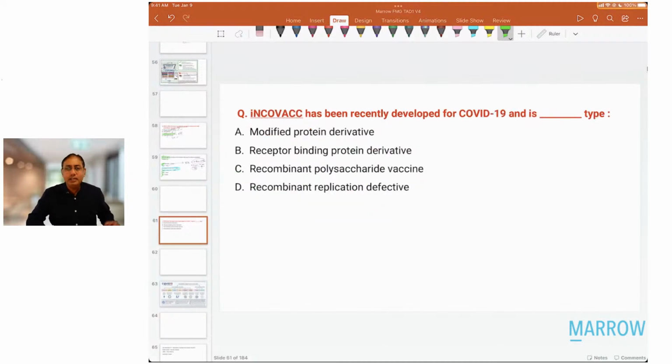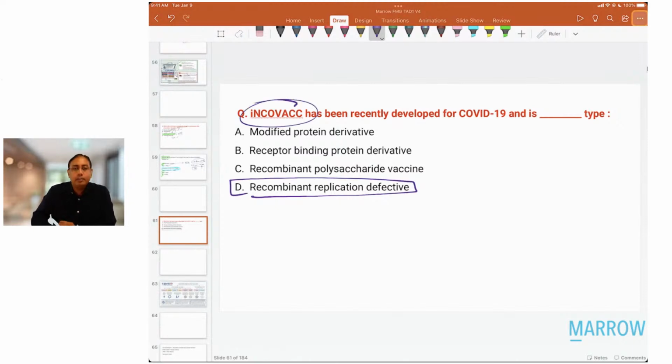Incovac has been recently developed for COVID-19 and it is a type of what vaccine? What do you think Incovac is? Please note that Incovac is a recombinant replication defective vaccine.